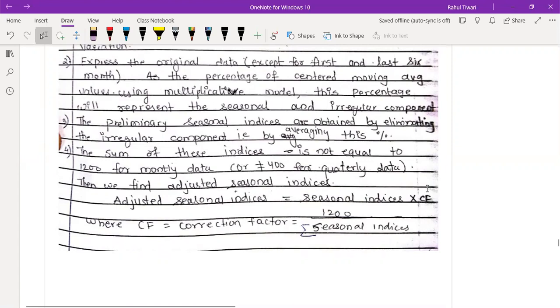What is this correction factor? Correction factor will be 1200 upon the sum of seasonal indices. When you multiply this correction factor to the seasonal indices, you get the adjusted seasonal indices. This is for monthly data.